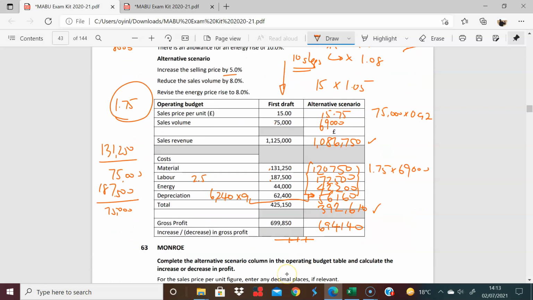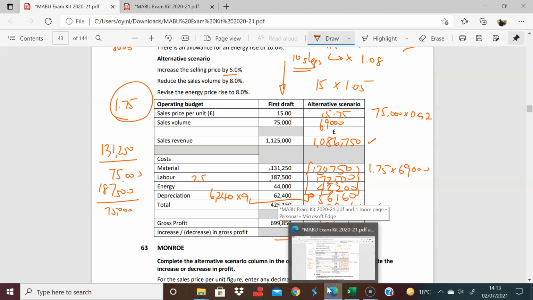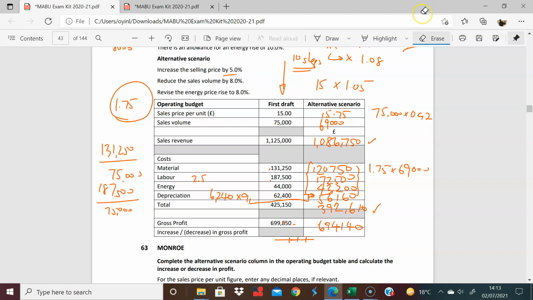We can see actually a fall in profits. Subtract these two from each other, and compare with the original profit of 699,850. That's 5,710, which is the decrease in profit, in gross profit.